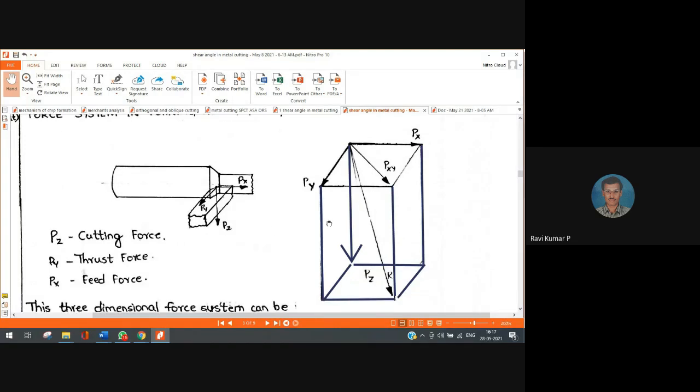If I put all these three forces at a single place and try to find the resultant, R is my resultant.